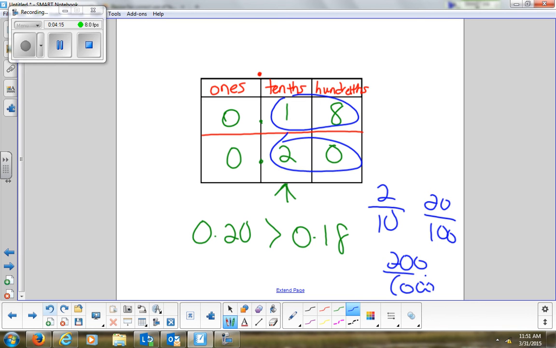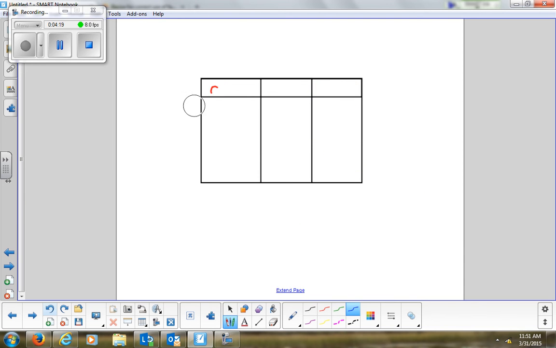On 386. Okay, it says Tim has $0.5 and Sienna has $0.05.